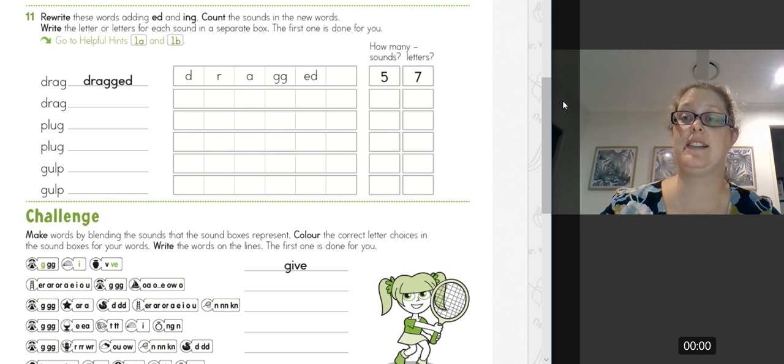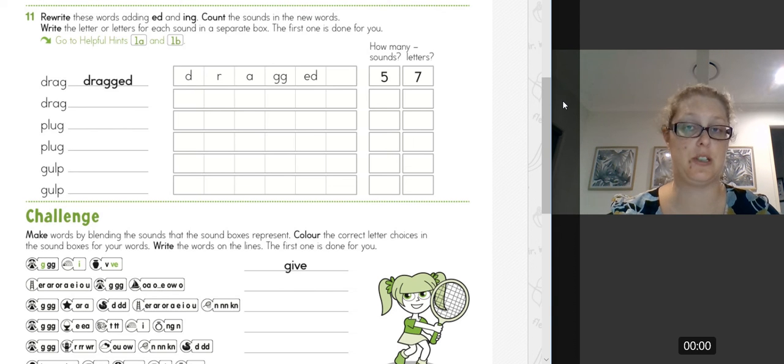Question 11 is asking us to add ed or ing to the words to expand them. Then it would like you to count the sounds in the words and how many letters are in each one. So if you head to the back of the book and look at helpful hints 1 and A, it will remind you that when there is a word that has a short vowel sound before the last letter, that we double the last letter.